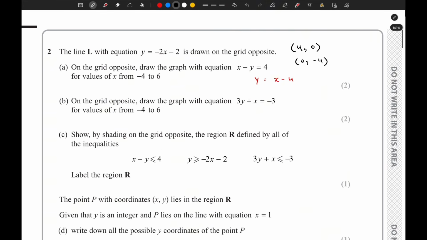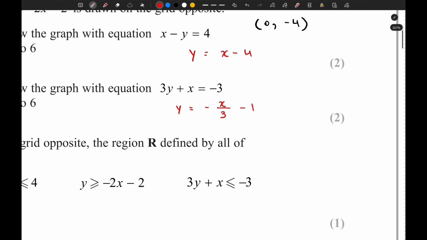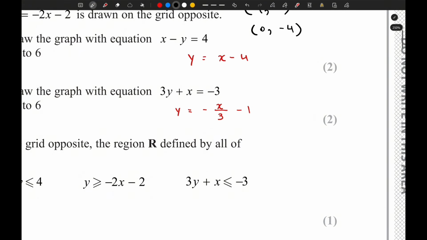Alright, now in the next question, on the grid opposite, draw the graph with equation 3y plus x equals negative 3. So again, we can write it as y equals negative x over 3 minus 1. So we just need 2 coordinates.